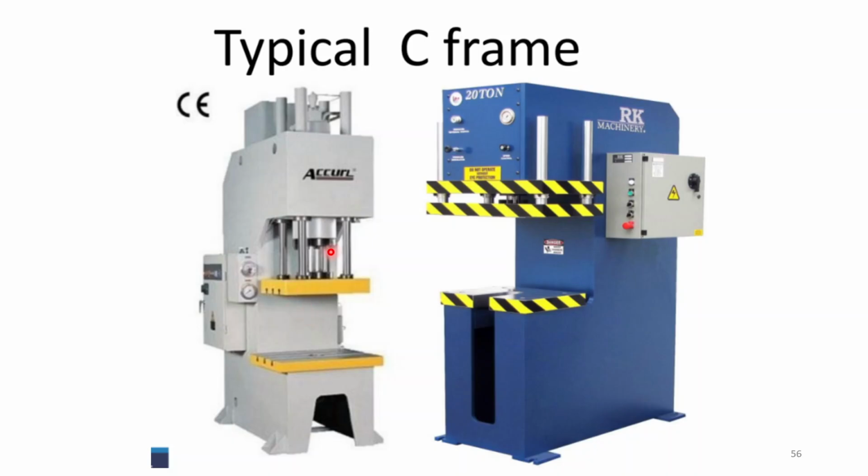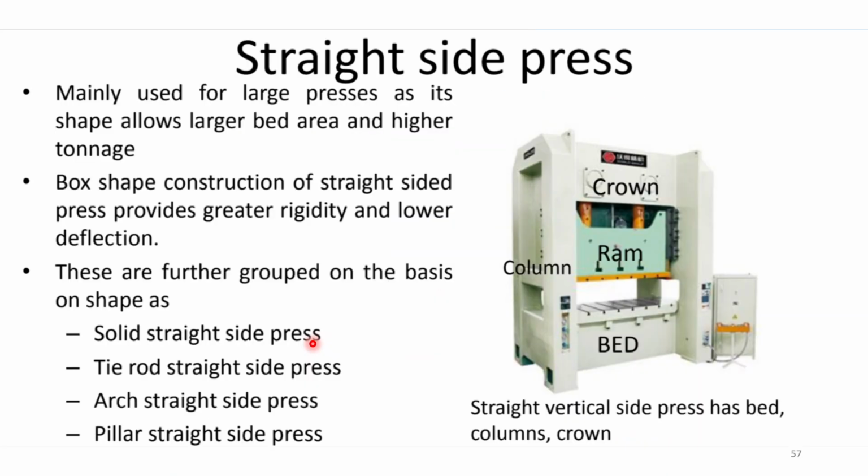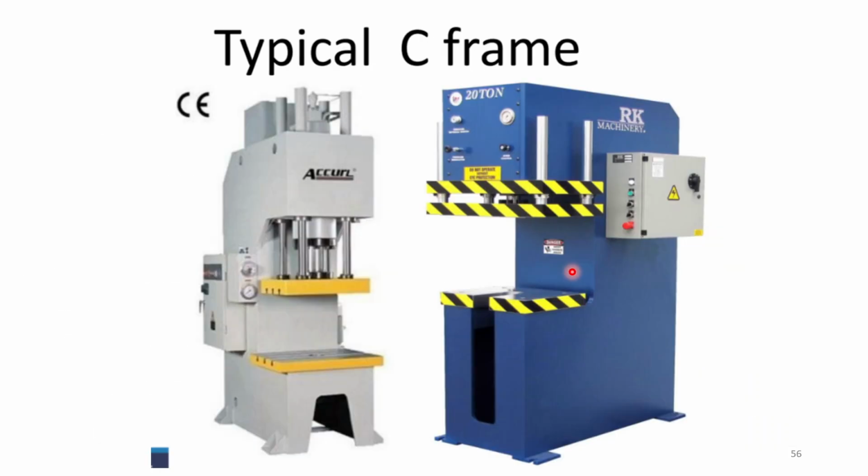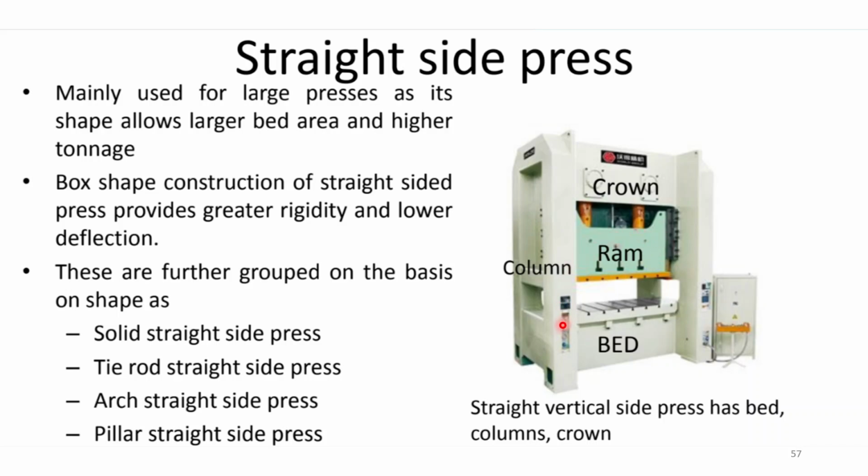This is again a typical C frame type of press. In case of the straight side press, your bed and ram will be straight. It won't be in the form of a C shape. And here you will have columns as well.